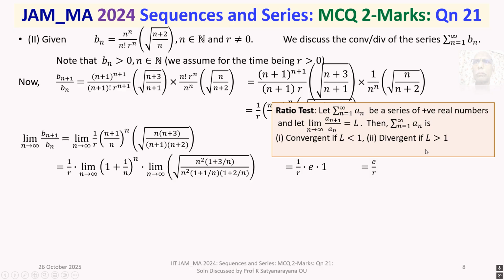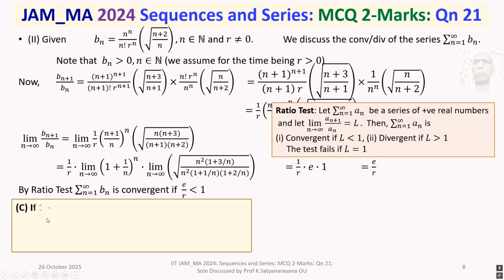Second case, when L greater than 1, it is divergent, and the test fails when L is equal to 1, and we require further investigation. Agreed. Now, by ratio test, the series sigma Bn is convergent if e by r less than 1. So let's recall option C.